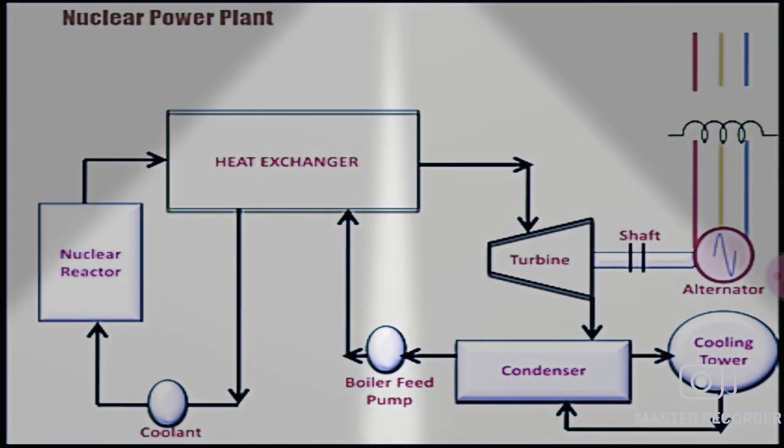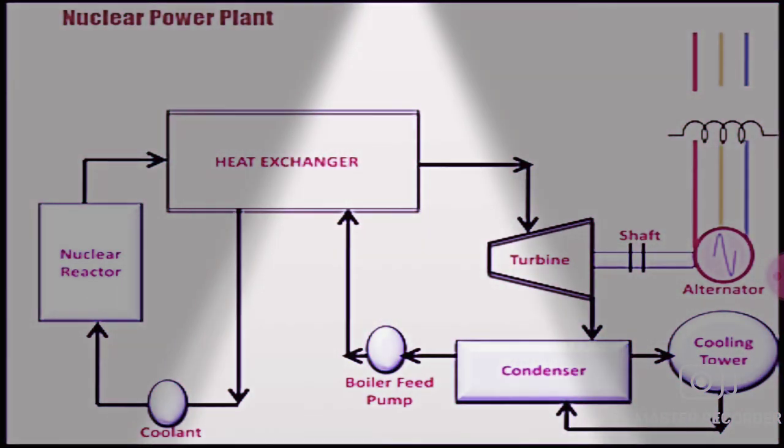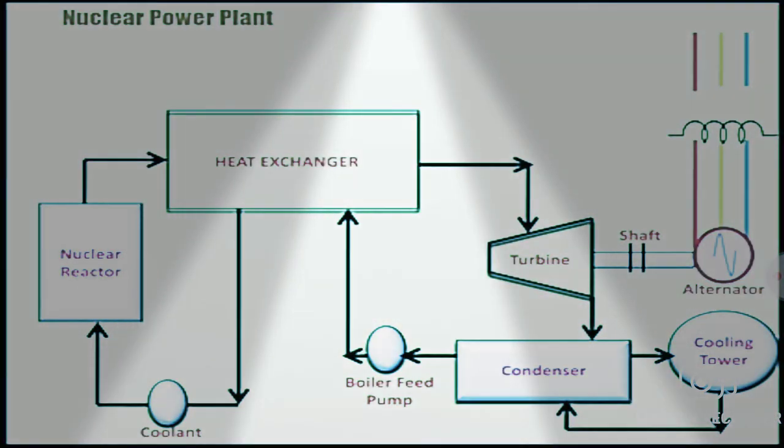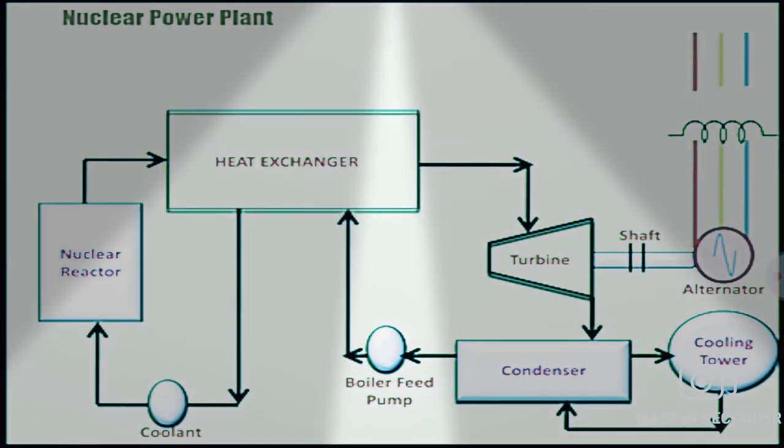The rate of heat release in a nuclear reactor is extremely large as compared to the combustion chamber of a steam power plant. The heat energy is produced by nuclear fusion. Bombarding a material such as uranium with neutrons starts the process of fusion. It gives out a large amount of heat energy.